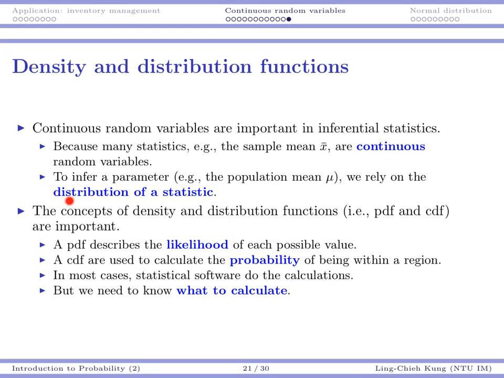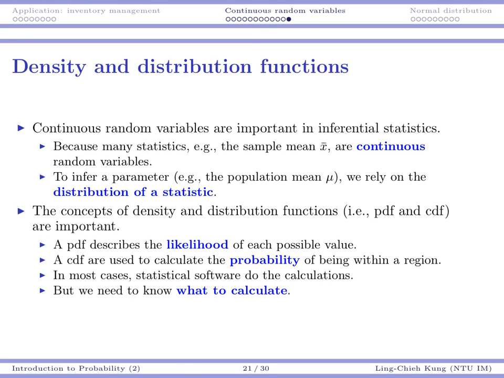And when we want to infer a parameter, for example, when you want to use x bar to make a guess about your mu, we rely on the probability distribution of a statistic. You don't know who will be in your sample, so you cannot 100% predict what your sample mean x bar will be.